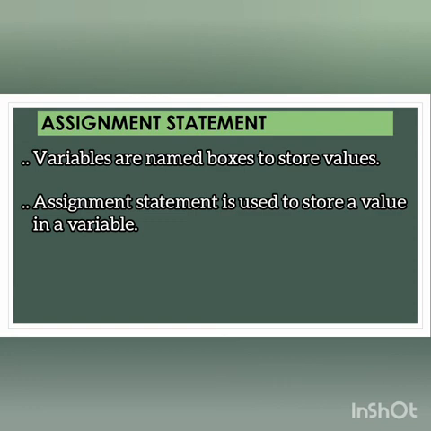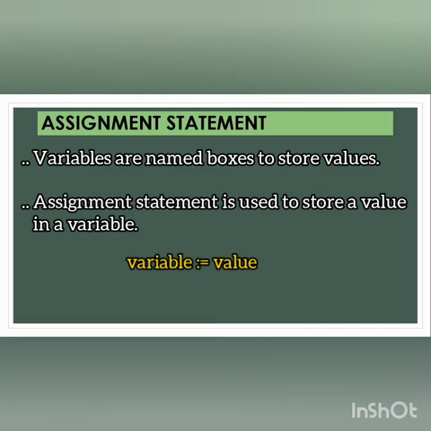Here, the assignment statement is used to store a value in a variable. The syntax of assigning values to the variable is variable colon is equal to value. Here, the symbol colon is equal to is an assignment operator, and this assignment operator can also be read as becomes or is assigned.